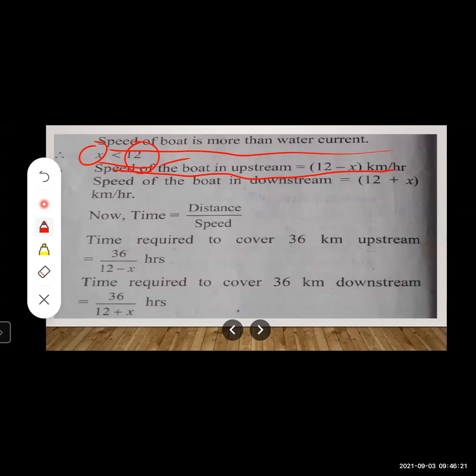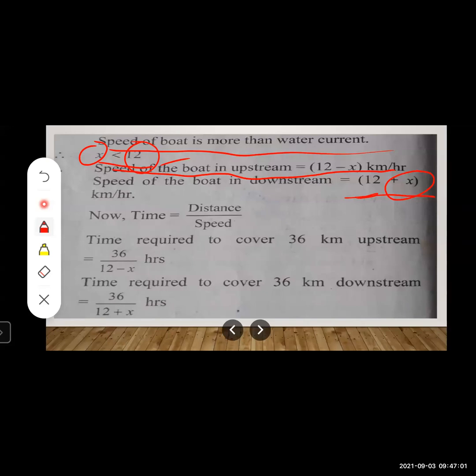And while coming down, the speed of the boat will increase, and that's why you are adding x, the speed of the water current, to the speed of the boat. Understood, students? I think you must have understood. You need to read this sum again and again, then only you will understand this more clearly.